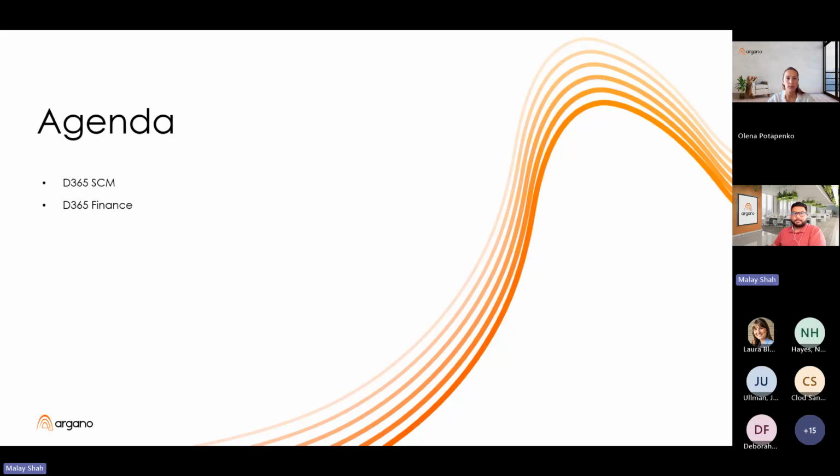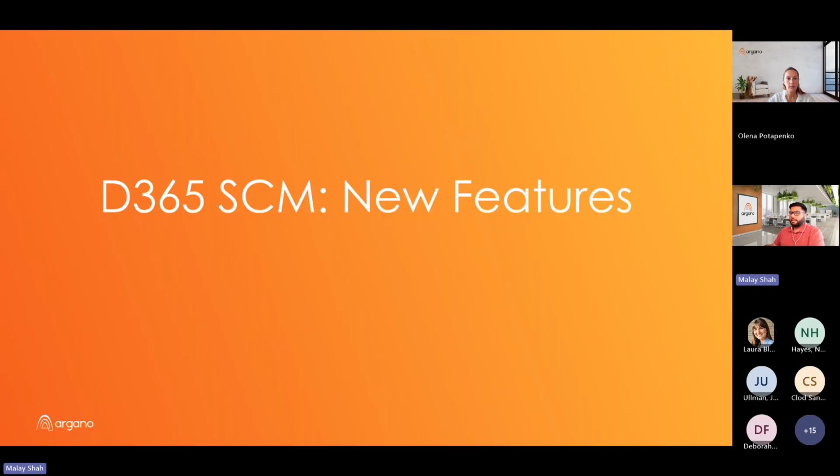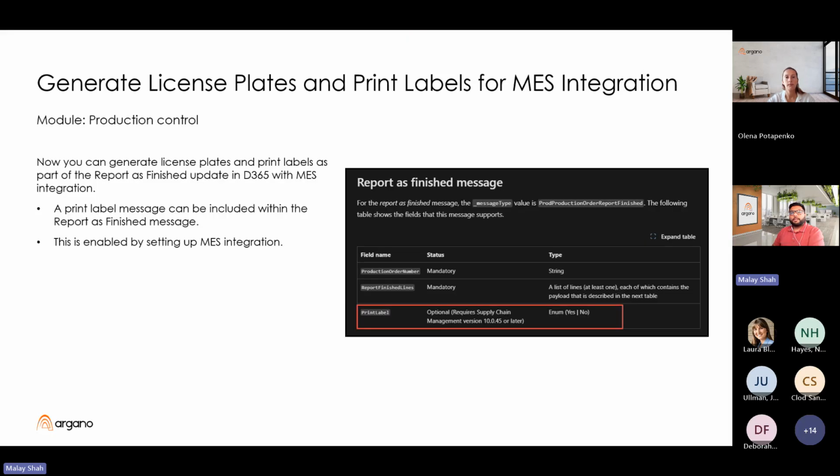Right, so we'll start with the supply chain management, the new features included in this release. The first one is within the production control module: generate license plate and print labels for MES integrations. This one is applicable if you have outside MES software which you have integrated into D365 to bring in your production postings.